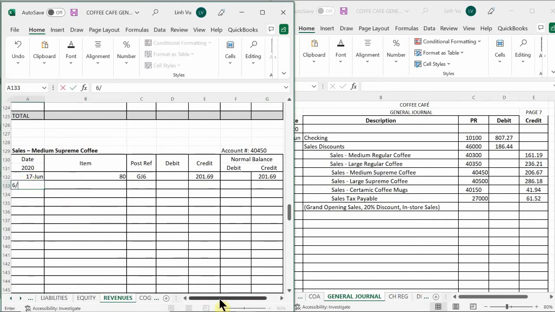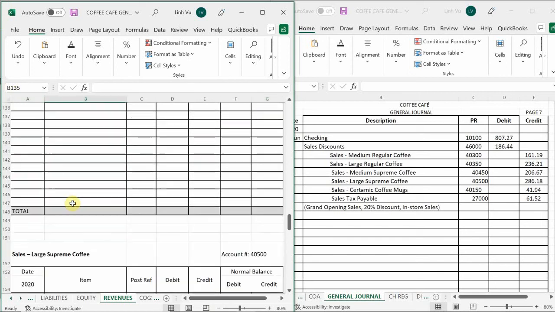And medium supreme, we sold 83. On page 7, it was $206.67, giving a grand total of $408.36.